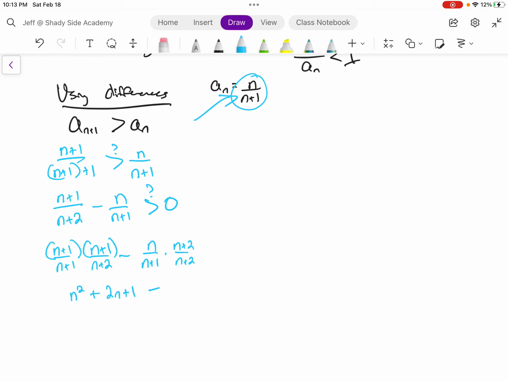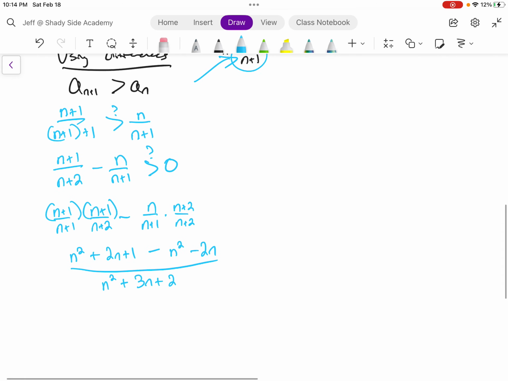Minus n squared minus 2n, all over n squared plus 3n plus 2. Well, what is that top? That top is really just 1, right? Because we have minus n squared minus 2n, right? So this is really 1 over this thing.